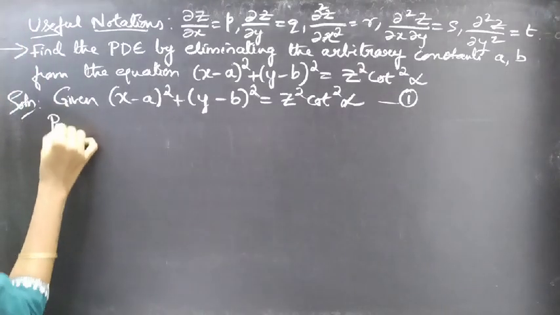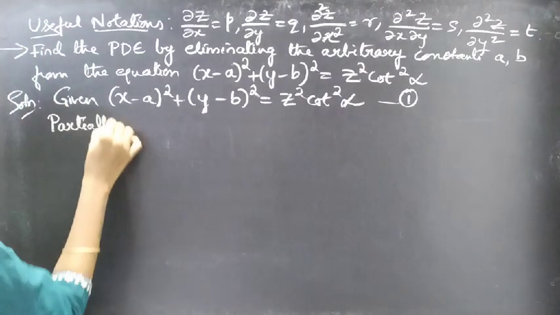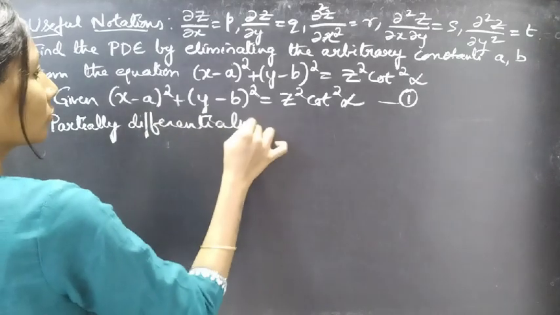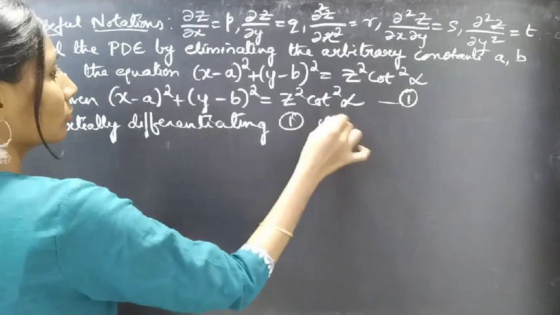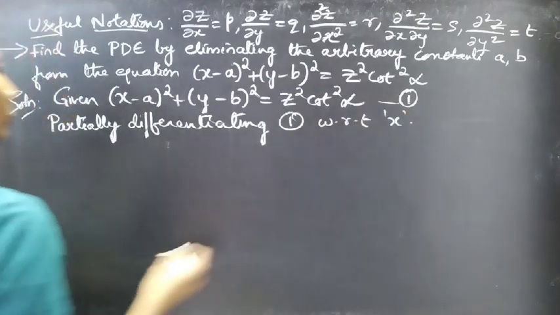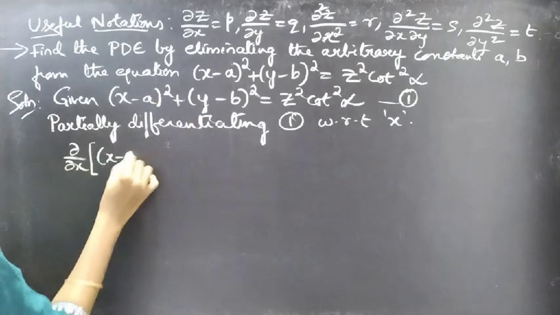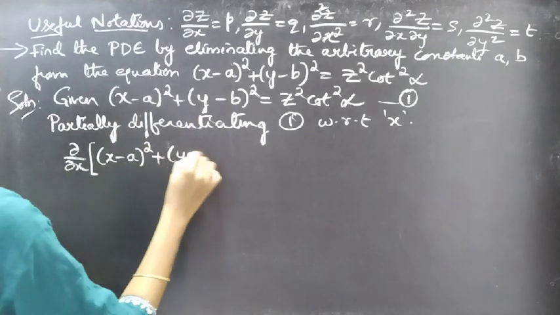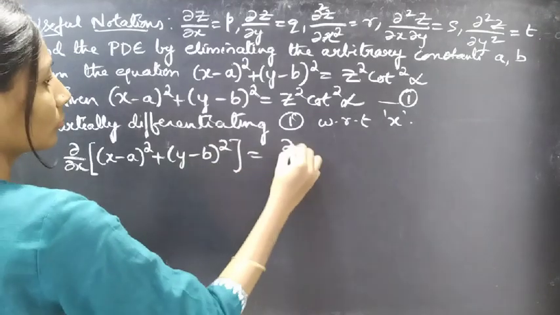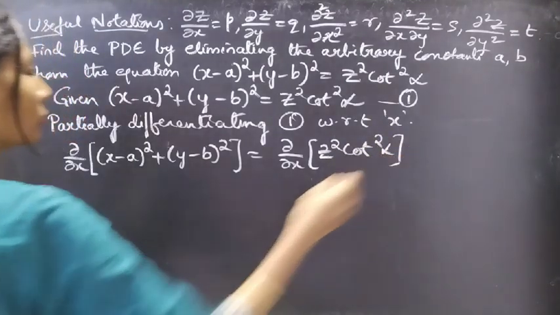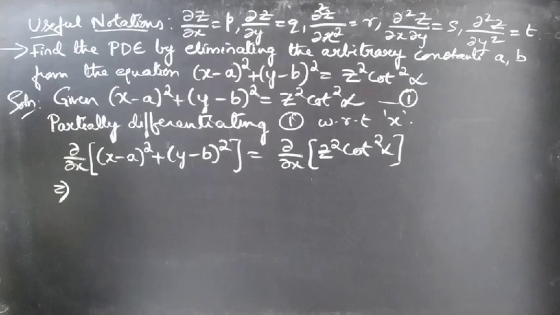Now partially differentiating 1 with respect to x. That is, we will differentiate equation 1 on both sides with respect to x. Since we are partially differentiating with respect to x, we'll treat y as constant, and here z is a function of x and y.